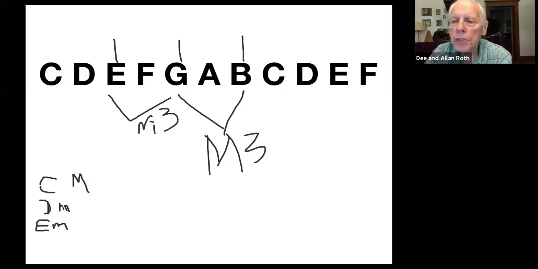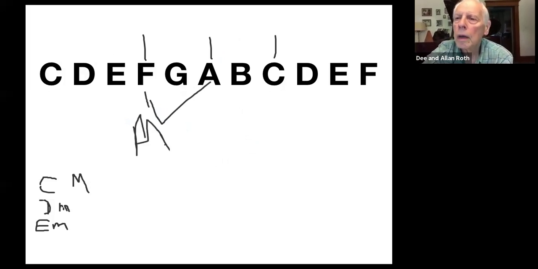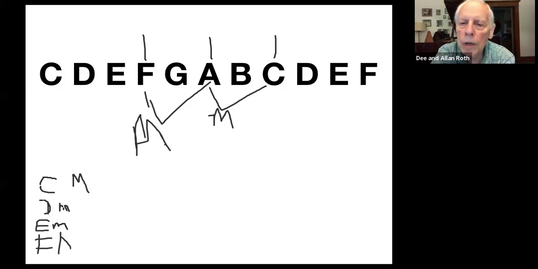We're going to continue to do this. F, A, C. F to A, major third. A to C, minor third. So the major third is on the bottom, and F is a major chord in the key of C.